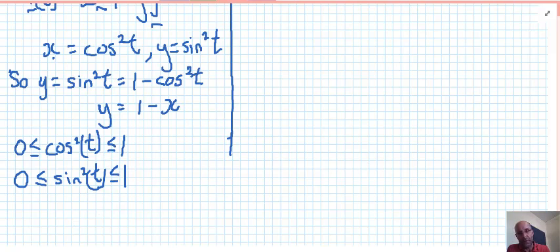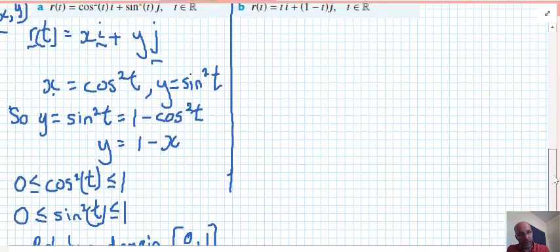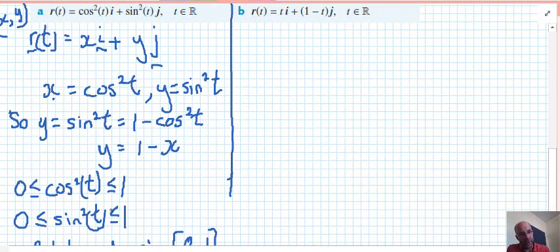So this informs our domain and range. The domain of the relation will be 0 to 1 inclusive, and the range will be 0 to 1 inclusive, because if we go back to the given equation, we can see where cos squared and sine squared link x and y.